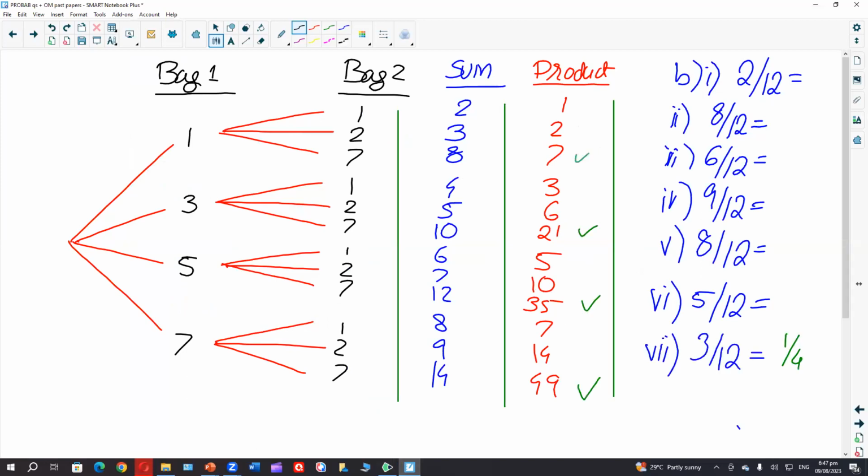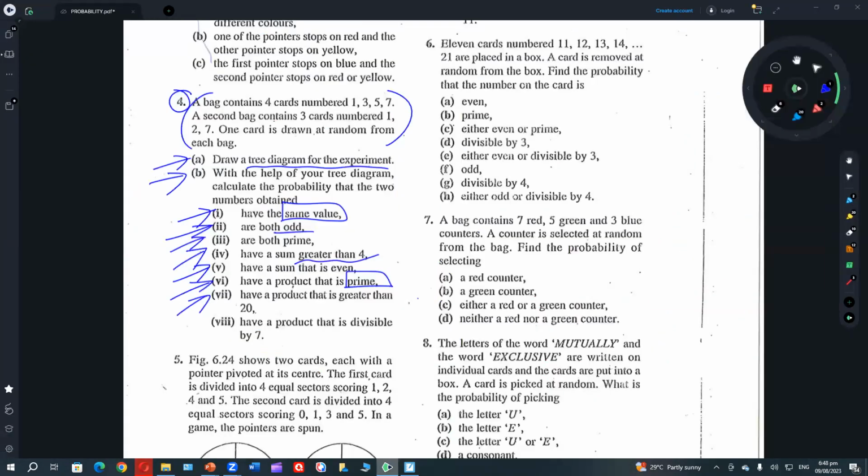I'm getting 4 numbers in this range. Wait, but sir, 7 is not greater than 20. No, the question says you're looking for part number 7, right? Yes. So look at the question, have a product that is greater than 20.